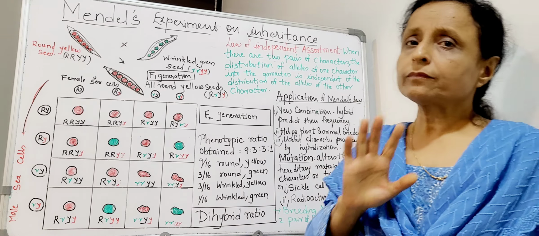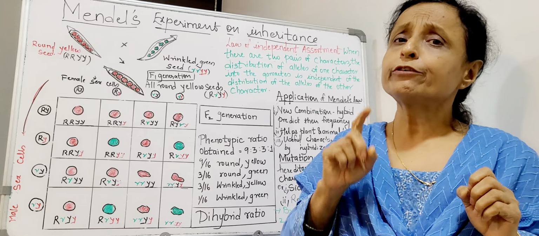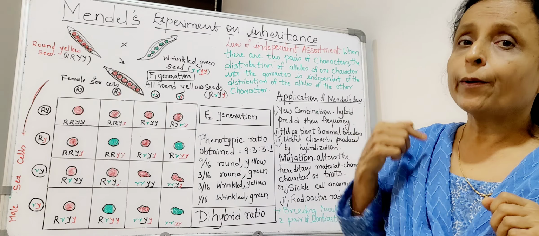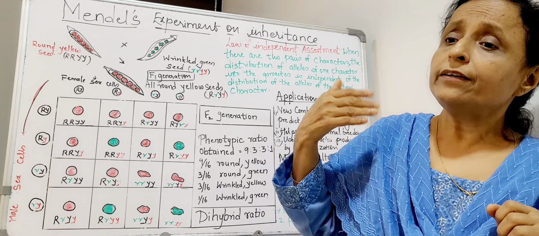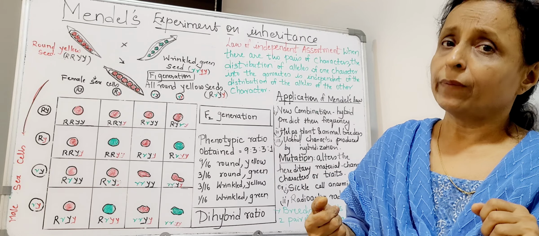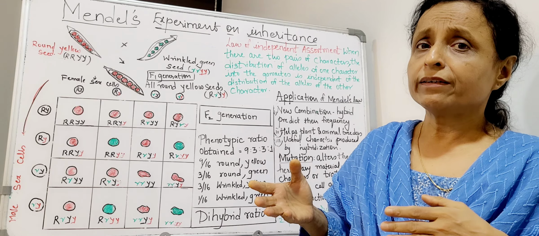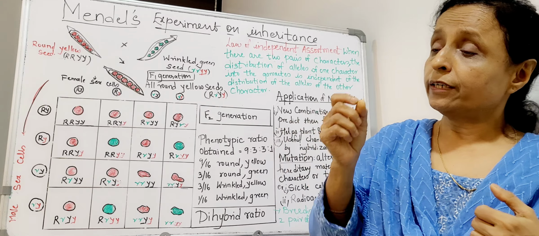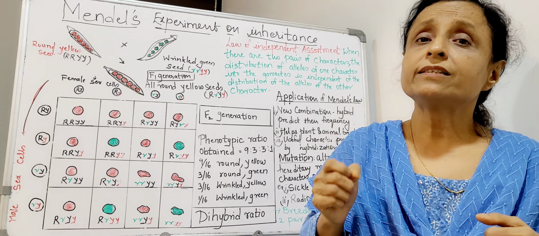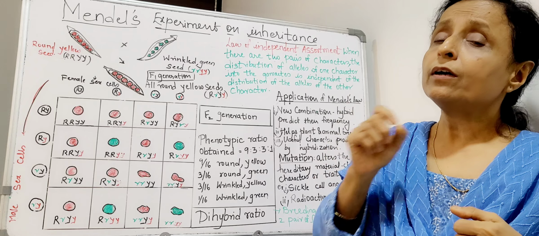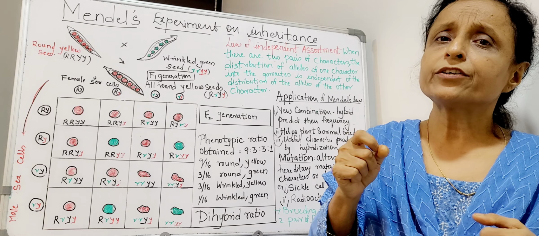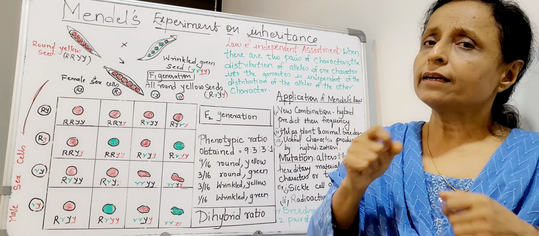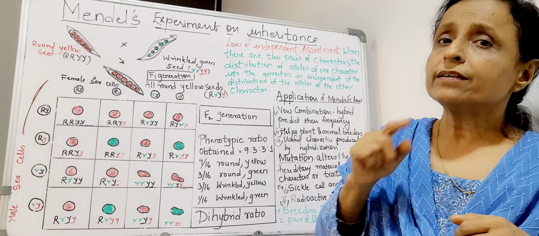Now, once you have studied genetics, you should know what mutation is. Mutation is an alteration in the genetic makeup, which can lead to many diseases like cancer. It can lead to a disease known as sickle cell anemia. Now, the cells are round in shape, but in sickle cell anemia, they become like a sickle.